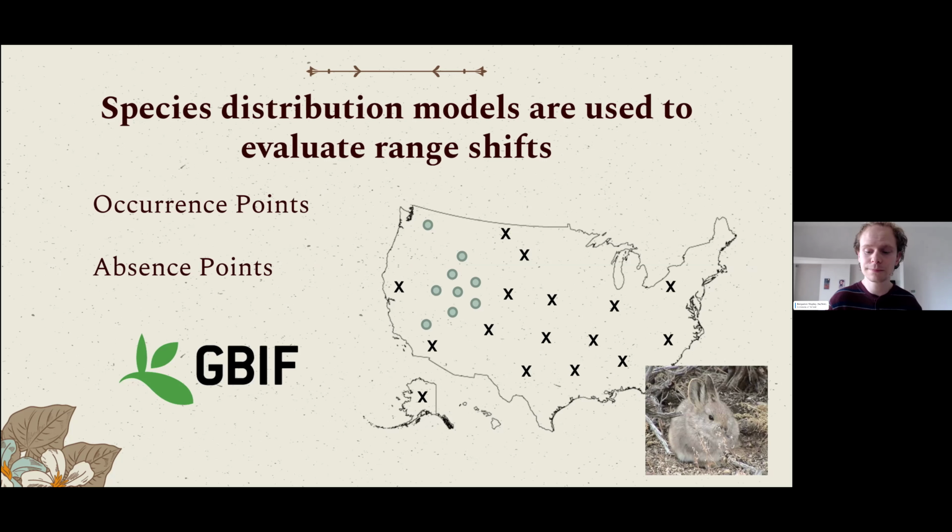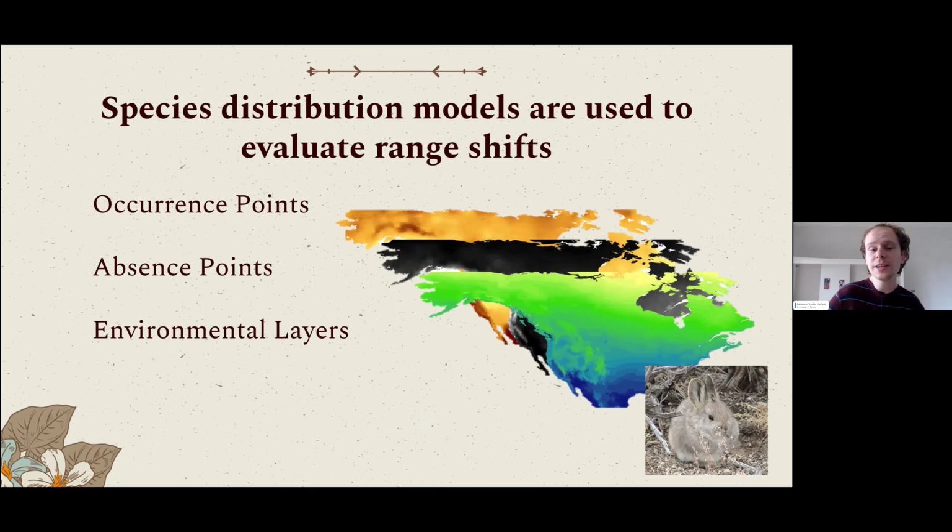your study region. And then these models also incorporate environmental layers, which are going to govern the species' response to the climate and what habitats are necessarily suitable for them. So these can be continuous climate variables like temperature or precipitation.